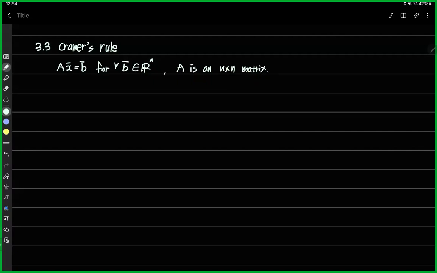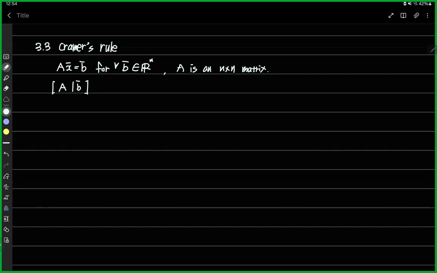So far, when we solve the matrix system for a given vector B, we had to row reduce the augmented matrix, right? Basically we apply the Gaussian elimination, row reducing to get echelon form to find the solution.